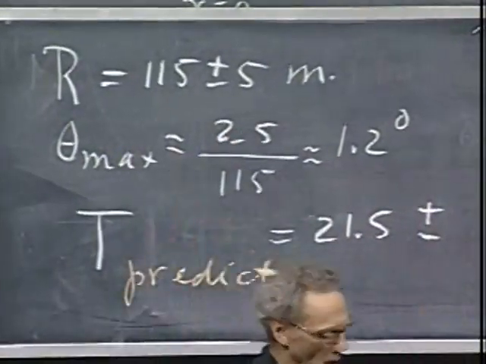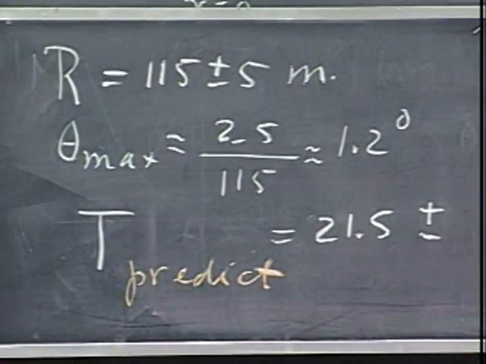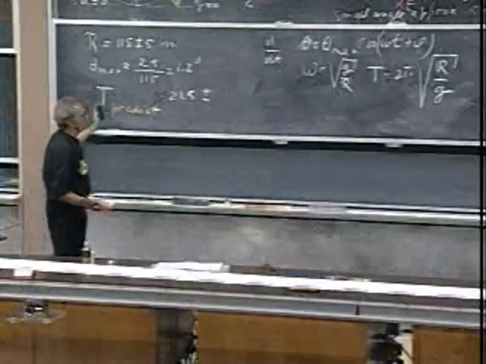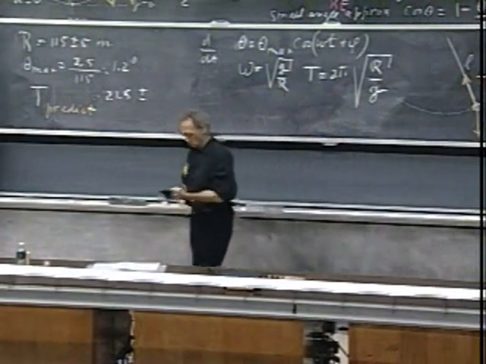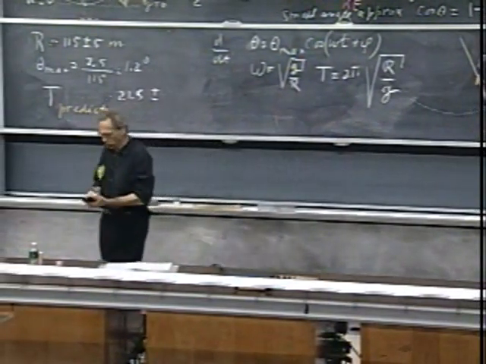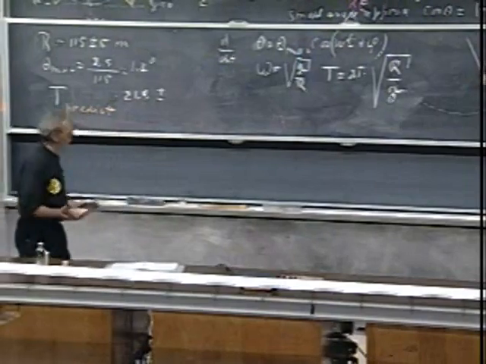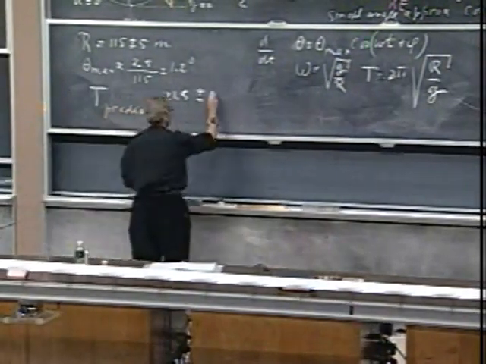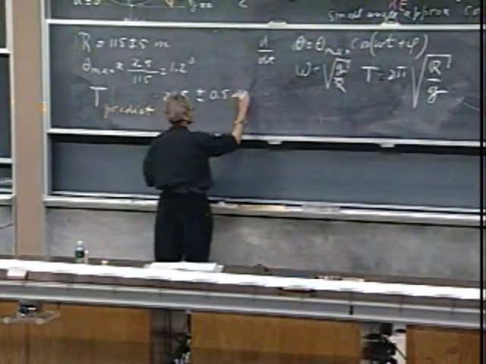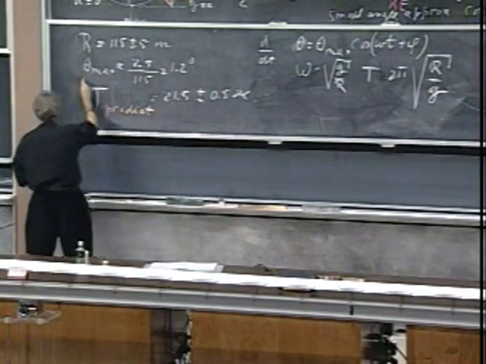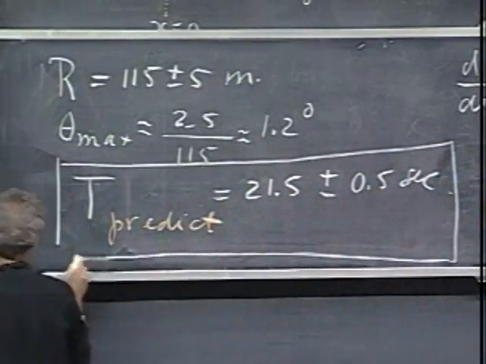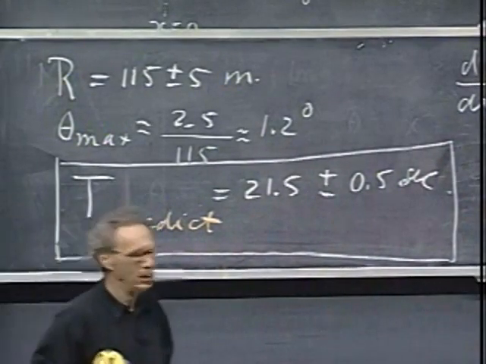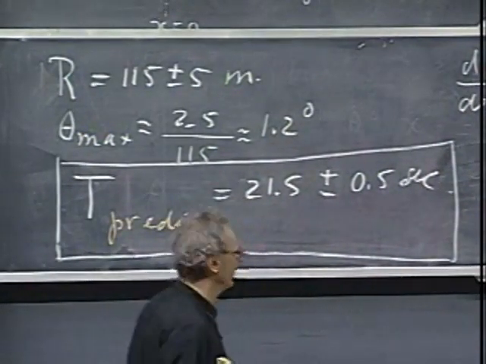The uncertainty in r is about 4.3%. Since we have the square root of r, that becomes 2.2%. So if I multiply that by 0.022, I get an uncertainty of about 0.47. Let's call this 0.5 seconds. So this is a hard prediction of what the period of an oscillation should be. 21.5 plus or minus a half second.